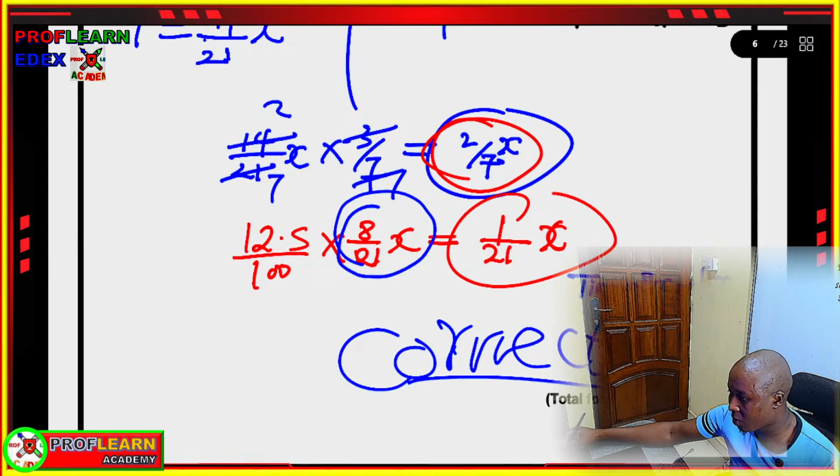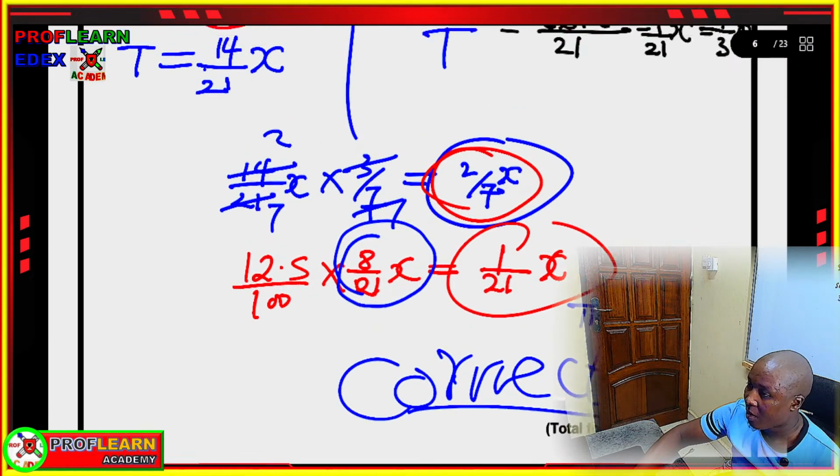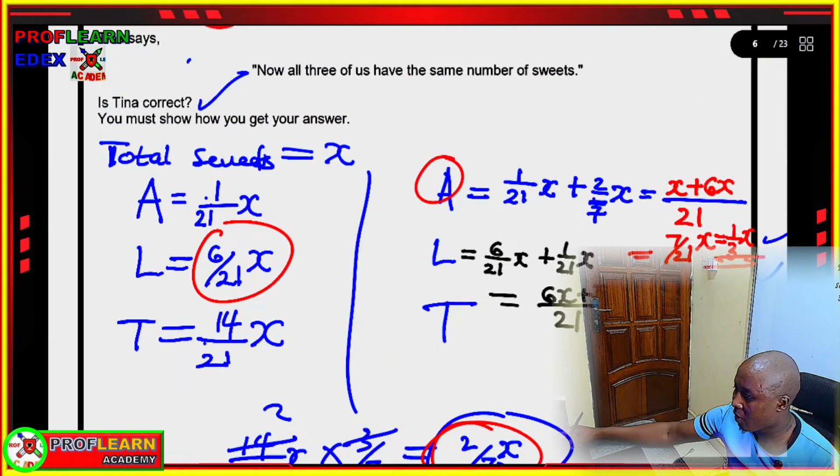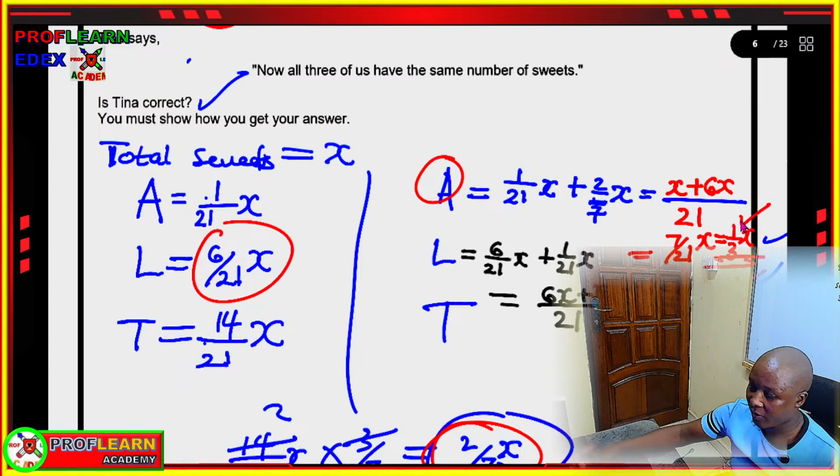So Tina is going to be 8 minus 1, which is 7 over 21 of x, and this is going to be 1 over 3x. So you can see Tina is having 1 over 3x, Luke is having 1 over 3x, and also Andy is having 1 over 3x.